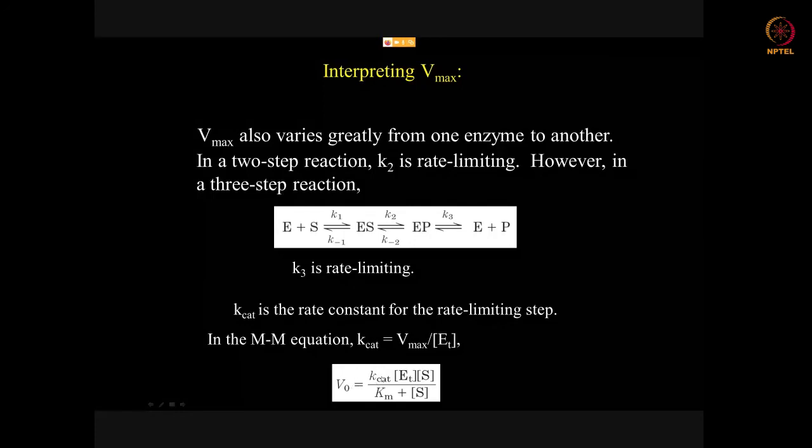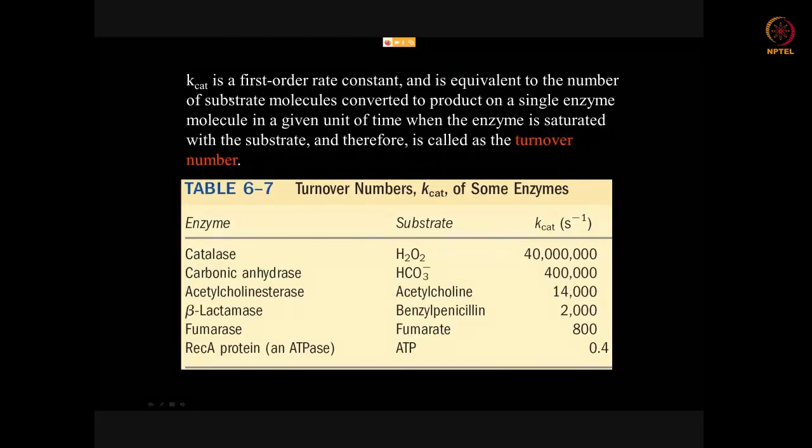And this term K-cat indicates the number of substrate molecules that are converted into product by a single enzyme molecule when the substrate is at saturating concentration. Okay, so that is another definition.